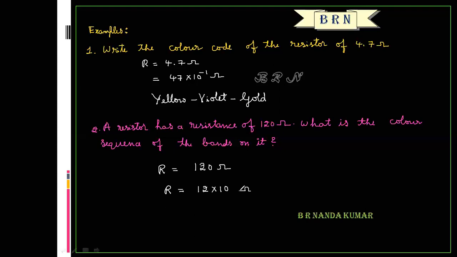So 1 means color brown, right? 2 means the color is red. 10 power 1 means the color is brown. This is the color sequence of this resistor having resistance 120 ohm.